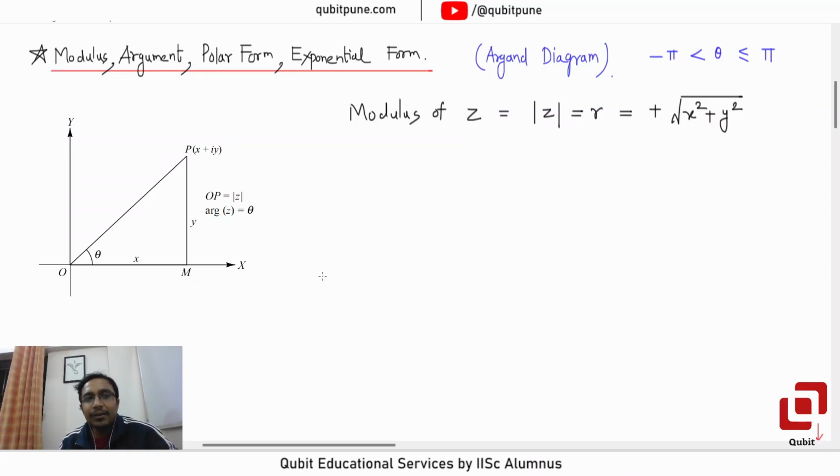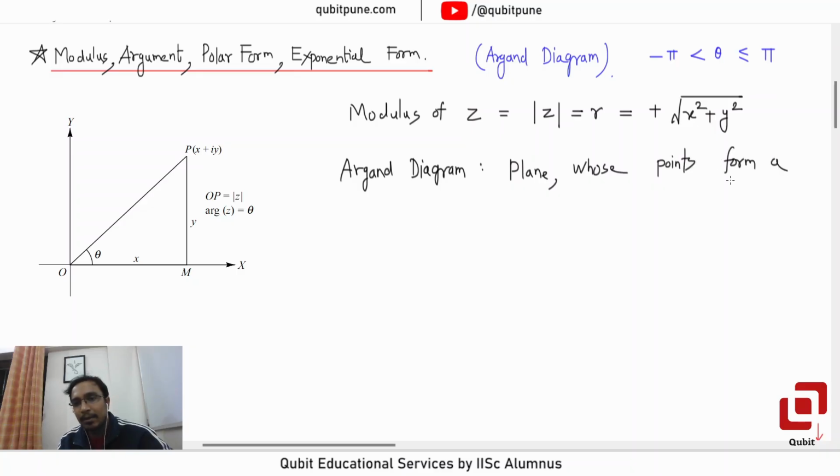Now to define the argument, we take the help of the Argand diagram. So what is the Argand diagram? Argand diagram is basically a plane whose points form a one-to-one correspondence with complex numbers.